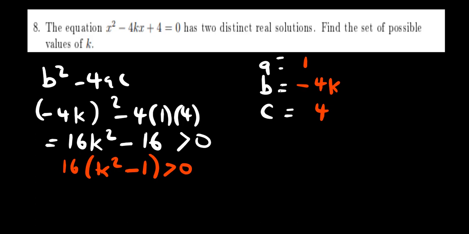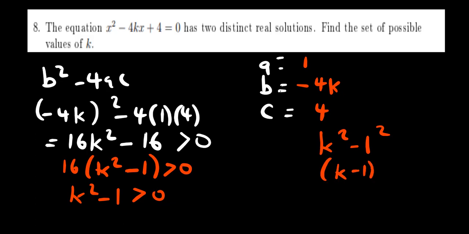When you divide by 16 on both sides, 0 divided by 16 just gives 0. So we have k squared minus 1 greater than 0. Now k squared minus 1 is a difference of two squares, so it will be k minus 1 times k plus 1 greater than 0. So what are we going to have as the values of k?